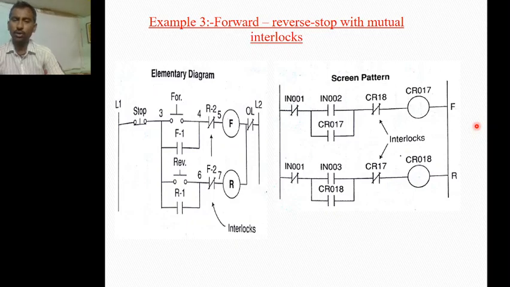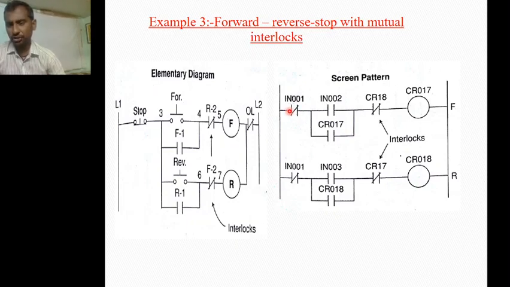And here we have one representation. What is that representation? When the motor is rotating in the forward direction, then we won't run the motor in the reverse direction. And in a similar fashion, when the motor is rotating in the reverse direction, then we cannot run the motor in the forward direction. So this ladder diagram explains the logic that I described.